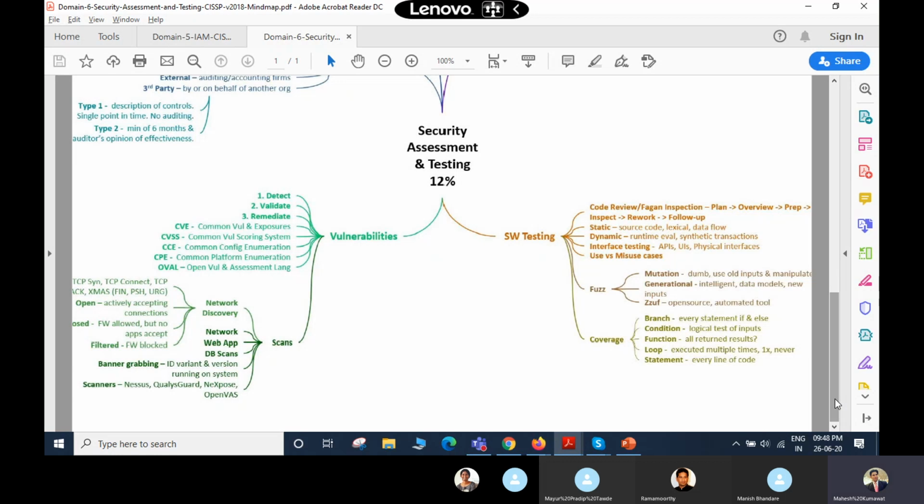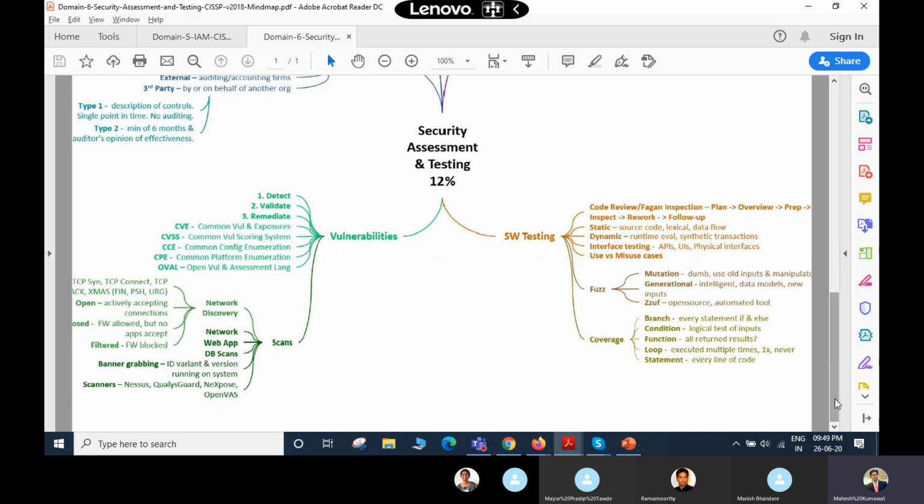So this is the code review: planning first of all, then overview, preparation, static, dynamic, interface testing, use versus misuse cases. Once we are talking about the different types of testing in a security assessment, go to the PPT and try to understand the different types of testing in this software.